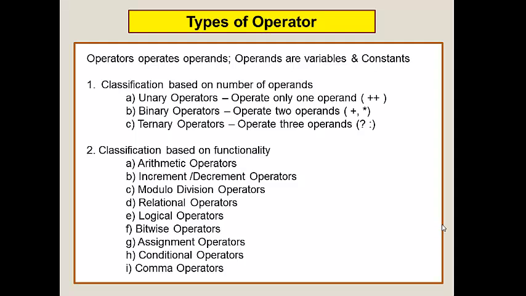So plus operates on two operands, so it is called a binary operator. A ternary operator operates on three operands. So operators are classified based on the number of operands, three types.